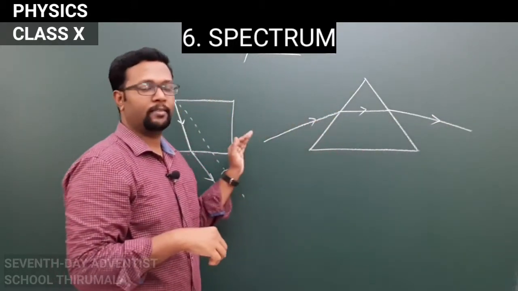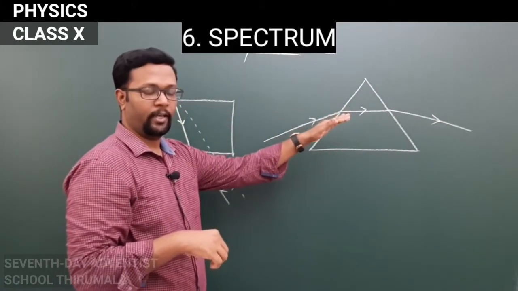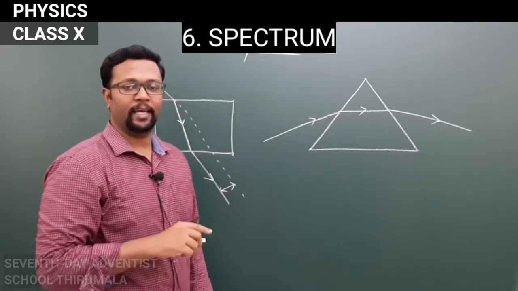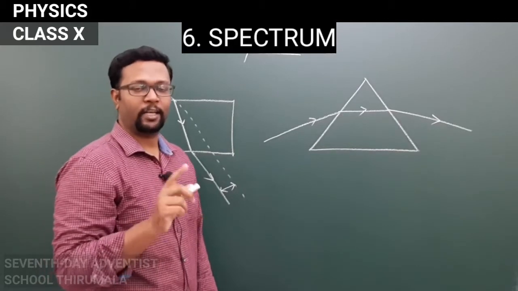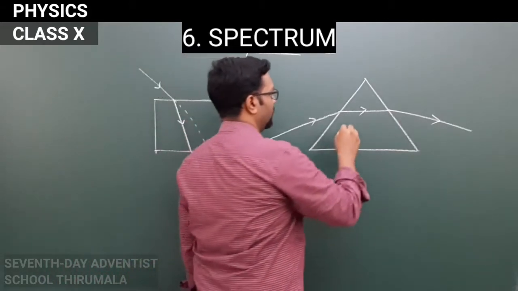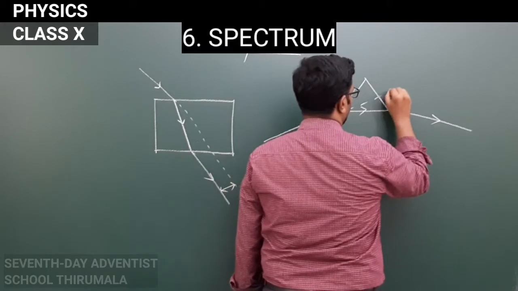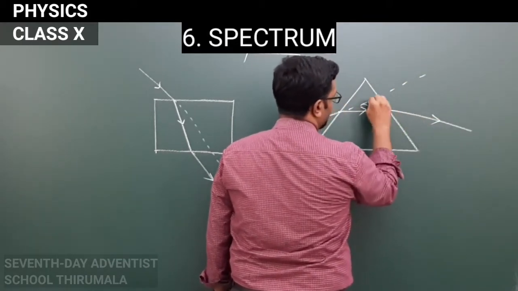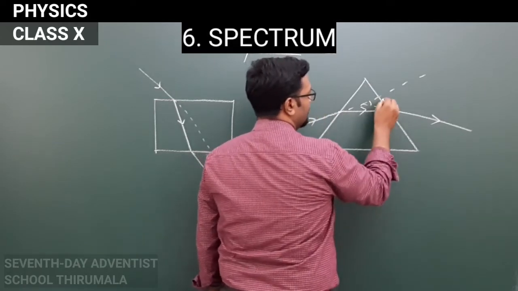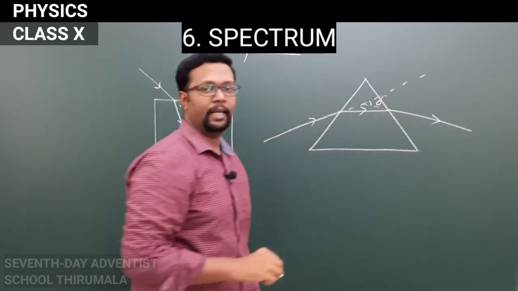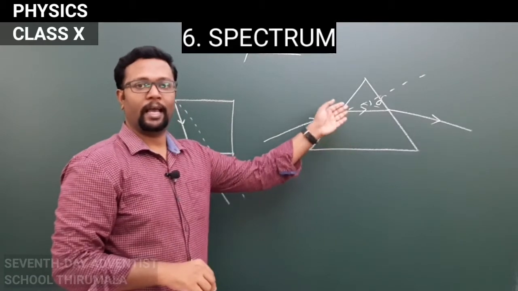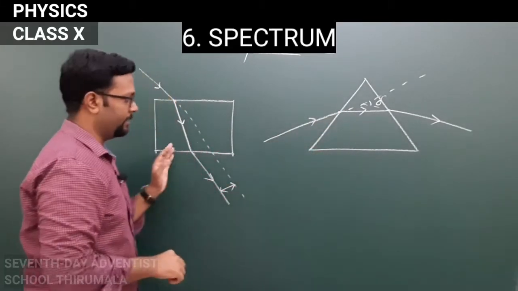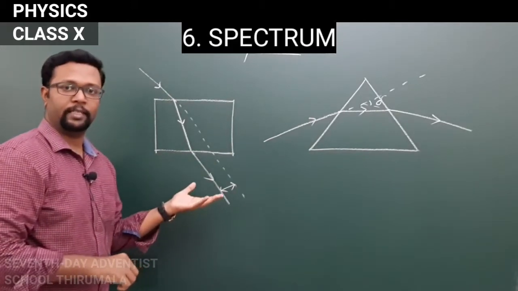When you trace the path of the incident ray and the direction of the emergent ray, we can see that there is deflection or deviation. When the emergent ray is produced backwards, you get an angle, represented by the symbol delta, called the angle of deviation. So a prism produces deviation, a rectangular glass block does not.